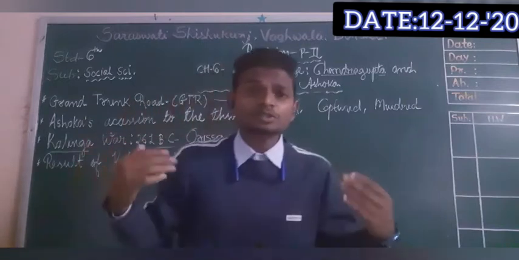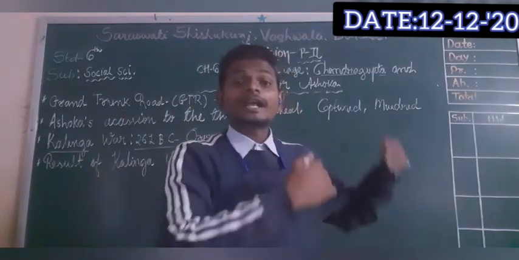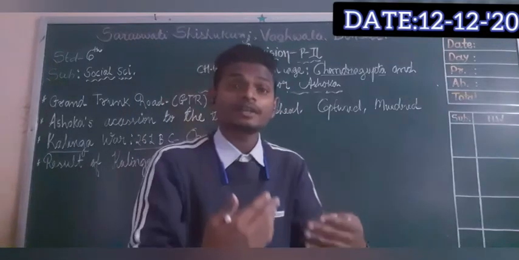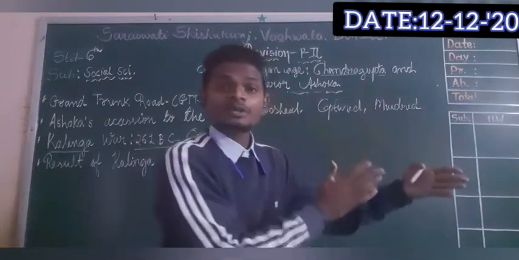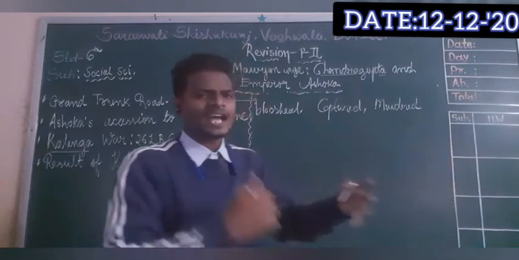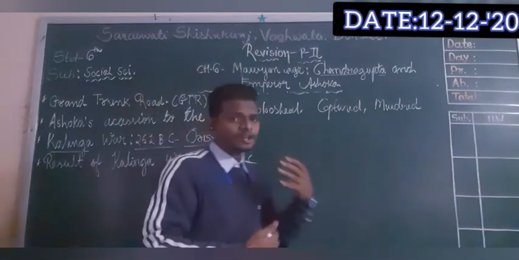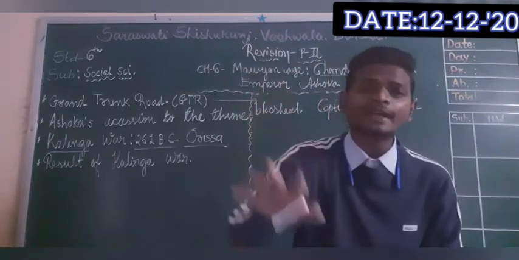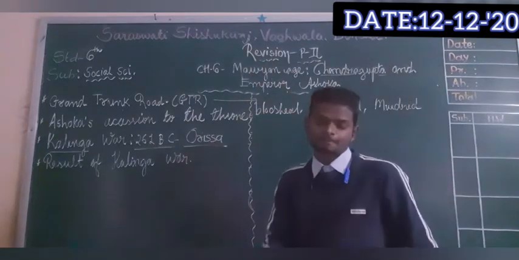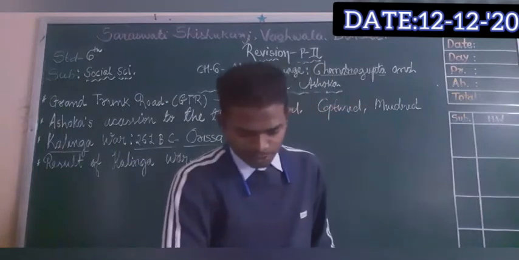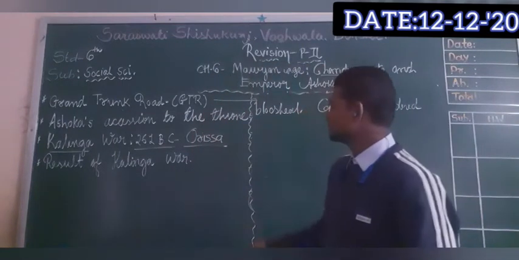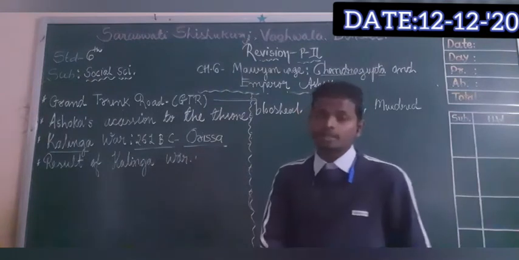Thousands of people died during this war. Thousands were murdered, thousands were cast out, captured, and this kind of bloodshed deeply affected the life of Ashoka. As you know, a number of people died after the war took place.